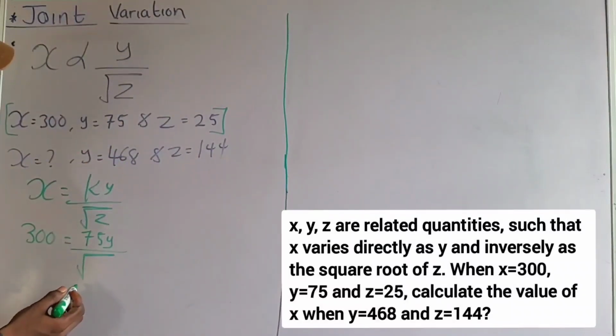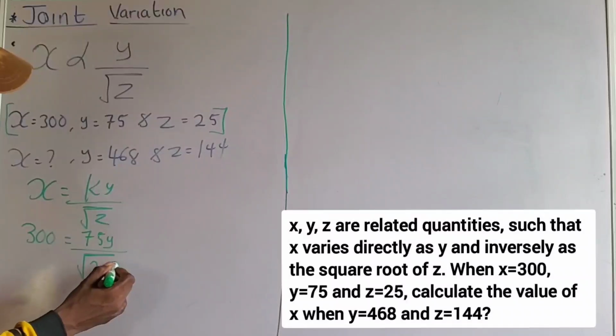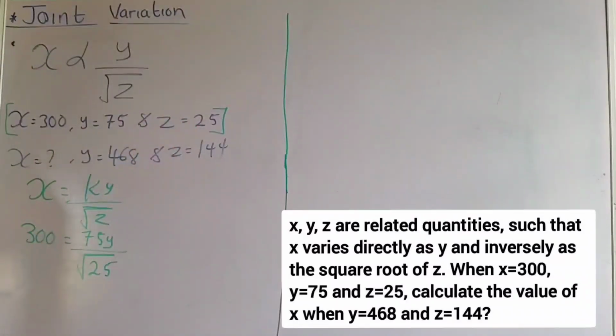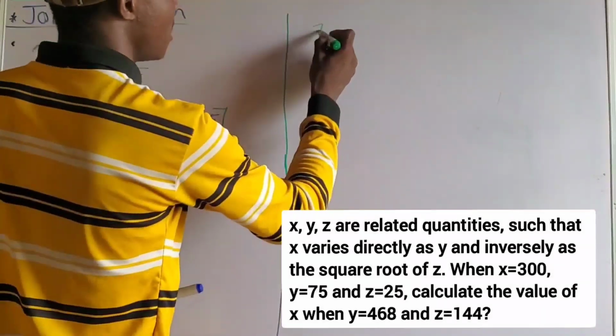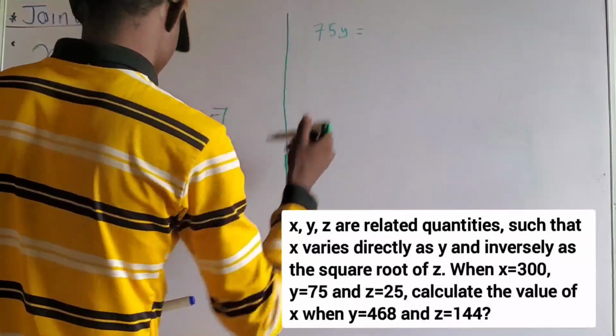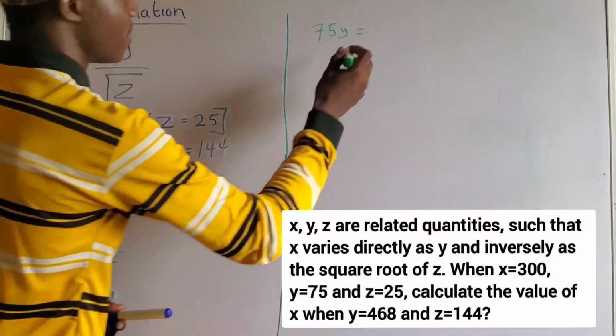The square root of z is what? Square root of 25, right? Yes, because z is 25. So now pay attention. Square root of z is 5. 300 is equals to 75y all over 5. Okay, 75y is equals to 300 times 5.